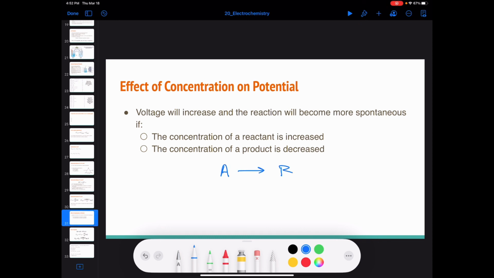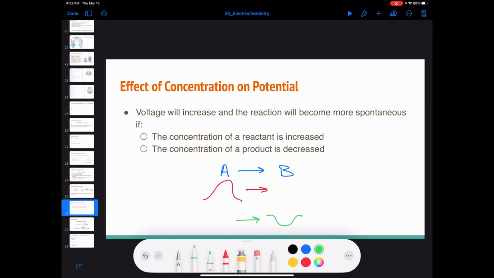This is nothing more than Le Chatelier's principle, right? If I make a big mountain of this, it's going to naturally shift to the right. It's going to be more spontaneous in the forward direction. If I remove some of my product, it's going to naturally try to fill in that hole, and it's going to increase my voltage. It's going to become more spontaneous. My reaction will want to go forward. And of course, you could do the opposite.